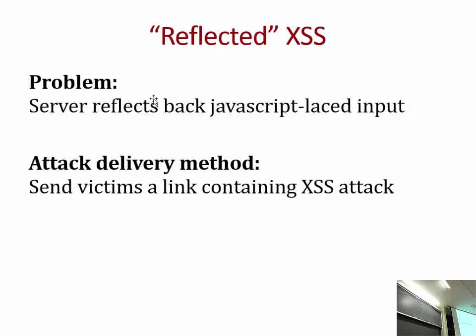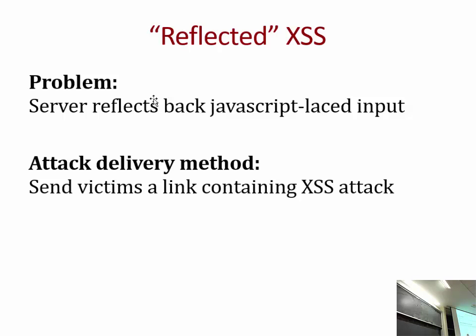What it means is that, suppose I'm in conversation with somebody and I'm sending you an email. In this email there's a URL going to some page, and as part of that URL I'm putting in a cross-site scripting payload, some JavaScript code.